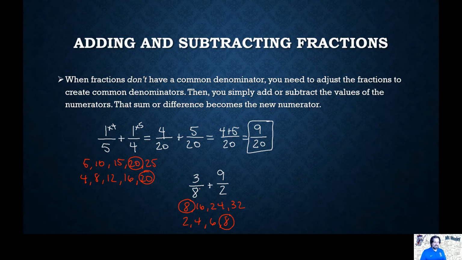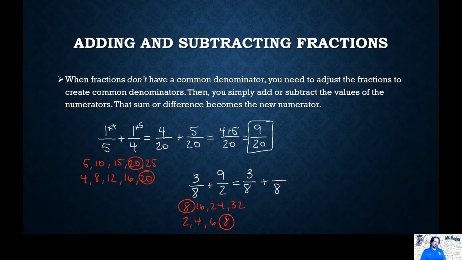So that means 3/8 actually doesn't need to change because 8 is the common denominator that I'm going to be using. So that means that we can kind of just rewrite 3/8. We have that one's going to be there, plus something else over 8.